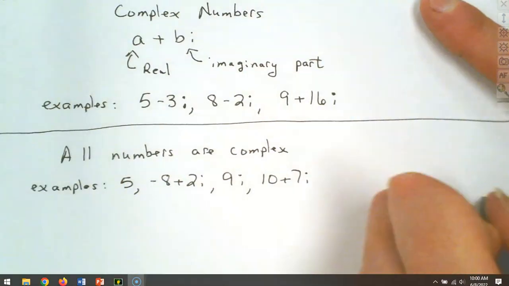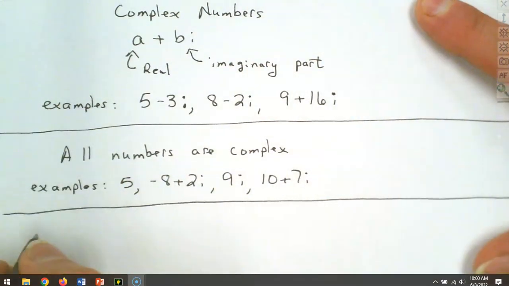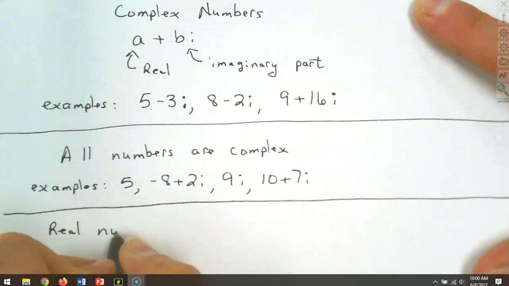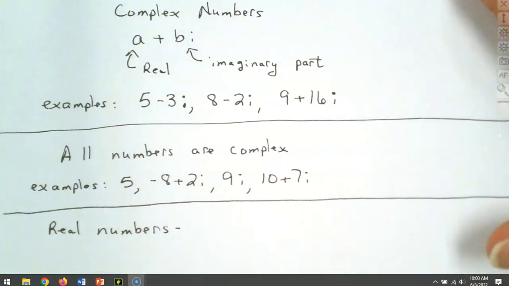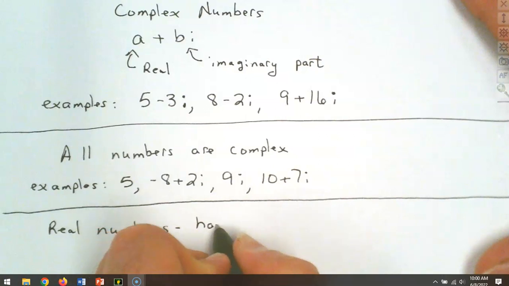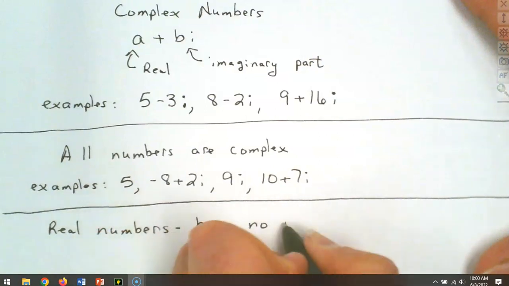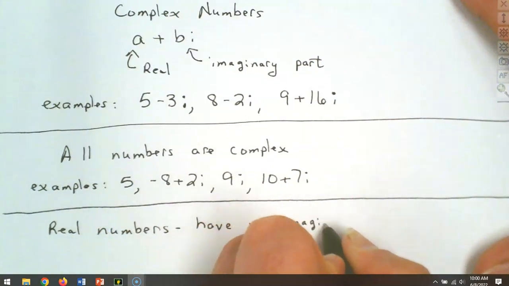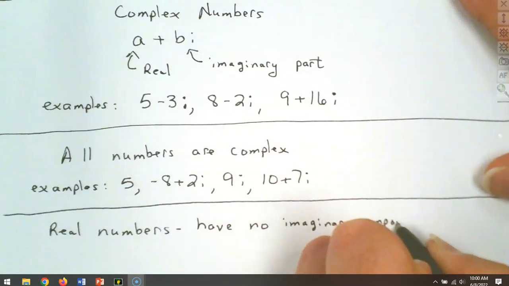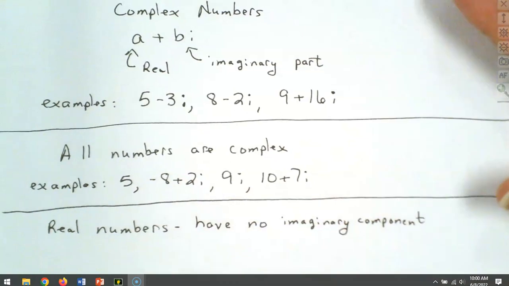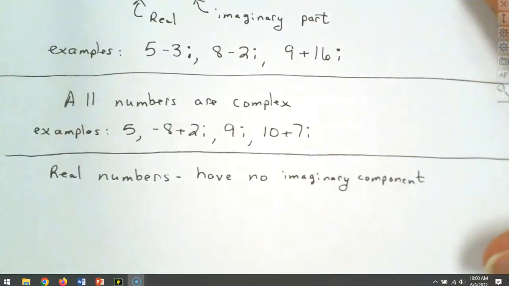Now we'll look at the real numbers. Real numbers have no imaginary component. This is what we've been working with in all of your previous math courses. Remember, every number was real, right?